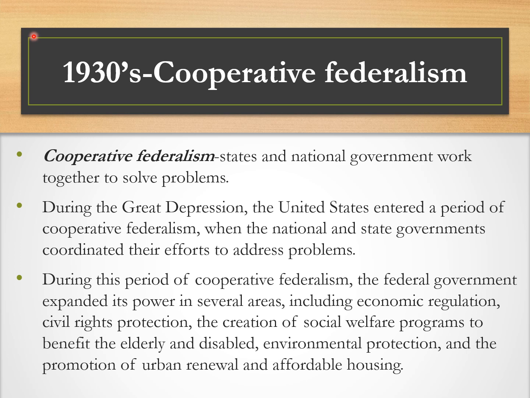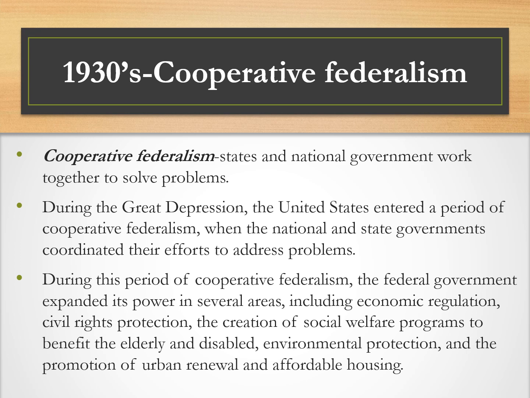Franklin D. Roosevelt's New Deal was needed to help the nation that was fraught with economic hardship. This also began a time where states and federal governments worked together to solve the problems. And because of the economic hardship, that's where we're seeing the federal government expand that power into economic regulation and protections and social welfare programs to help people and all of that.